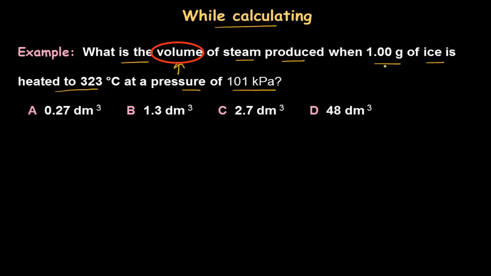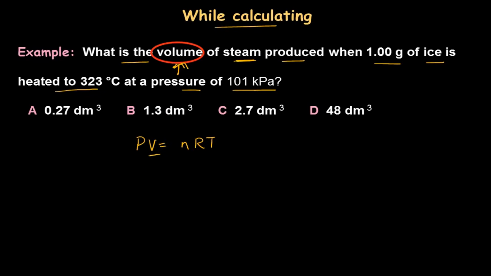For any given gas, we apply the formula PV = nRT, from which we find the volume. We can rearrange the formula as shown here and directly substitute all the values to find the volume.